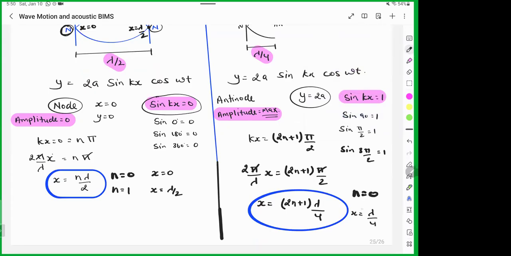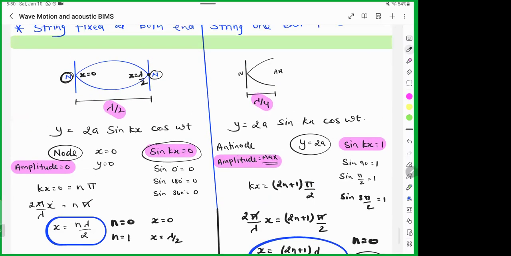Lambda by 4. So, first is formed at lambda by 4. Here, if you put n value 0, then X value will also be 0. First node is formed at X value 0, but first antinode is formed at lambda by 4.